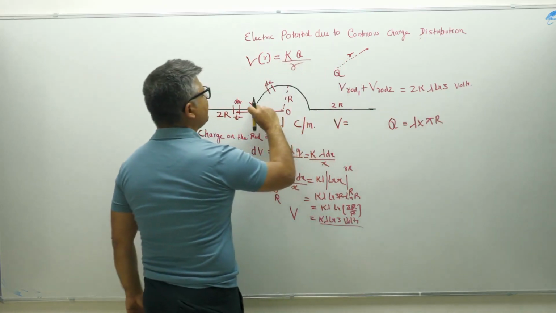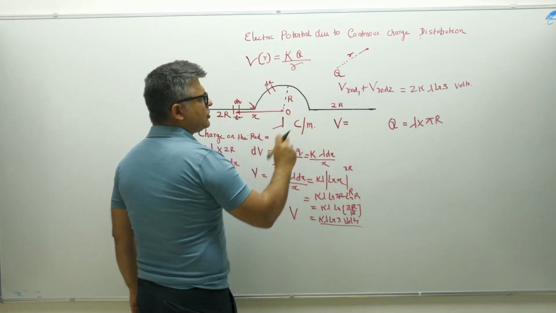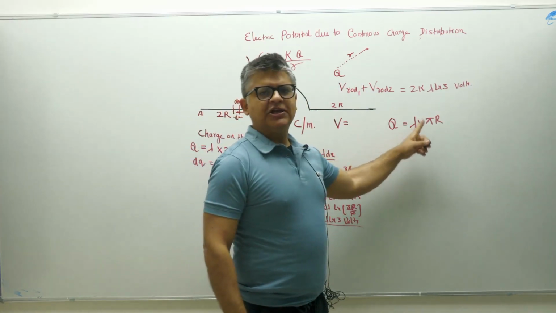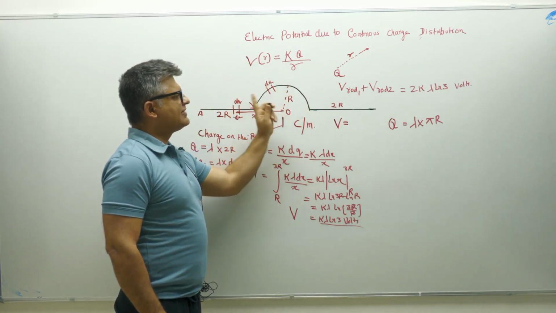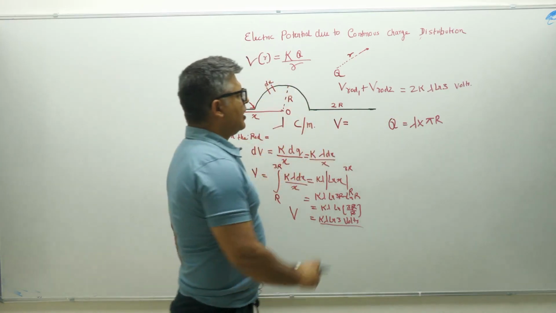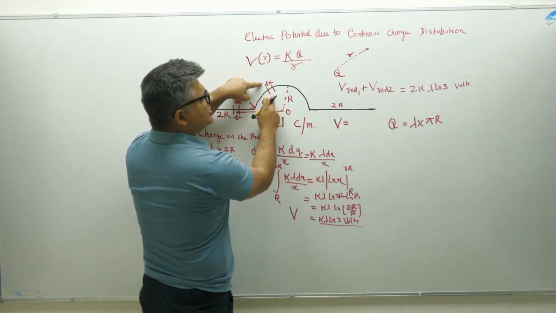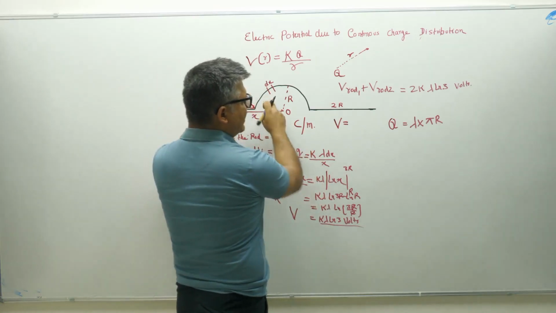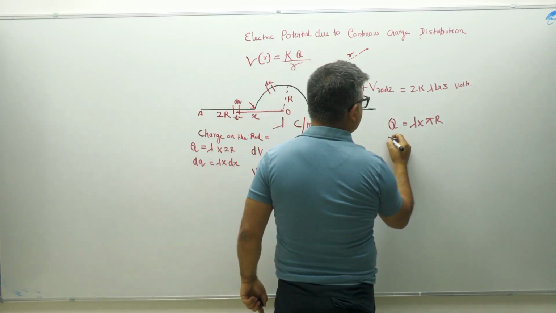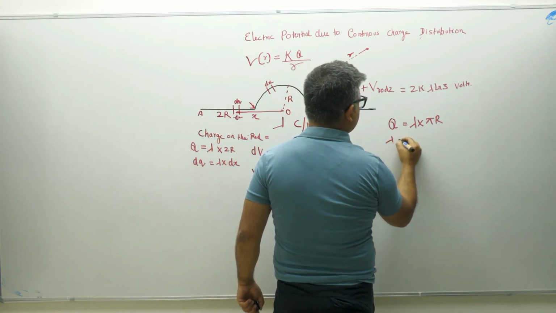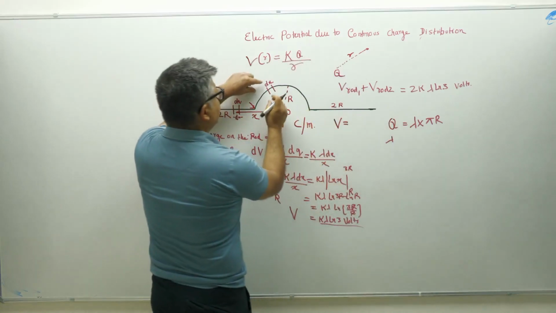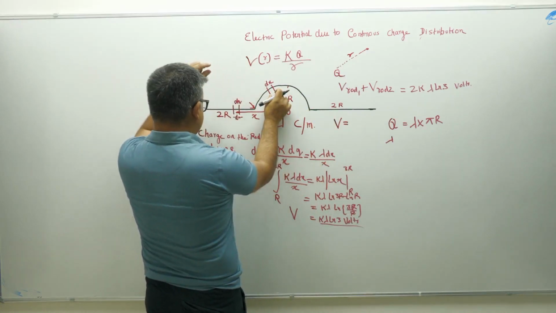The circumference is the length, so this is the total charge available on the semicircle. On dx, how much charge will be available? I know my lambda, so I need to find it on a very small dx, in the same way.